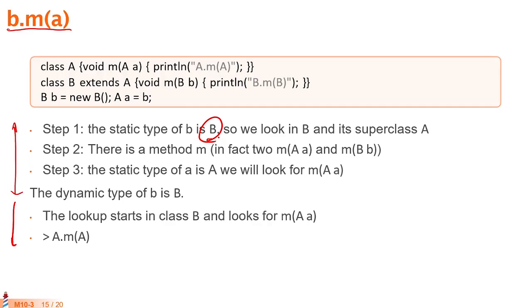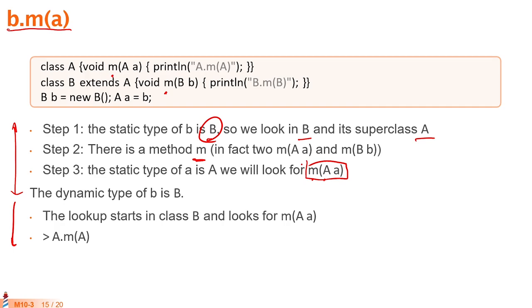So we look at the code in the class b and in its superclasses, in this case b and a, and we look for the method with the name m. We are going to find two methods called m, one in the class b and one in its superclass. However, we are looking specifically for the full name, the signature, m with the type a for its parameter. So the correct name that we are looking for is MAA.